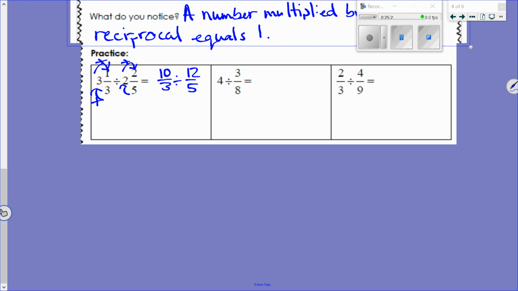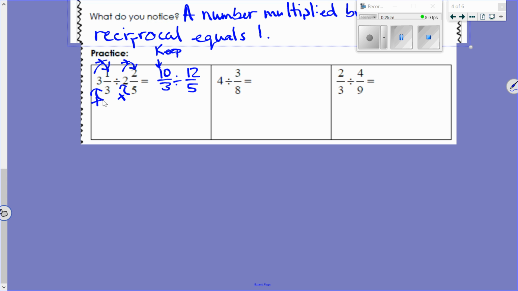This is the one that I warned you guys is going to be the most commonly missed. Because you think, oh, I've already done something. Yeah, you have, but I still have not yet multiplied by the inverse. So Ms. McShann is not going to like this, but I'm going to teach you something that has always helped me in dividing. A very simple phrase. The first thing we're going to do is keep the first number like it is.